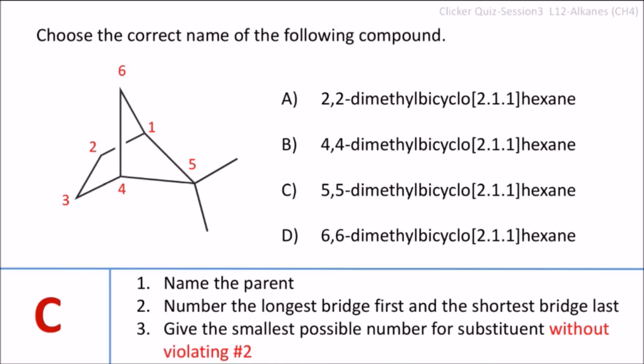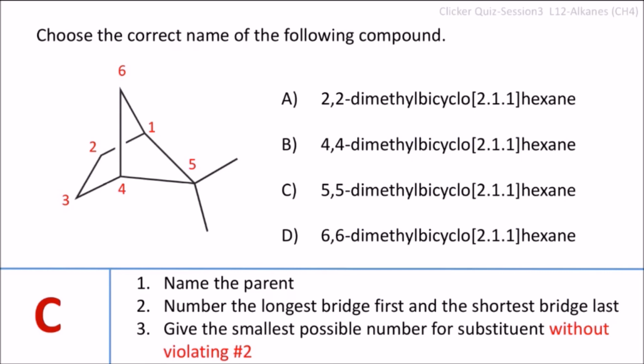So start the numbering from one bridgehead, go through the longest bridge, 1, 2, 3, 4, and now the second bridge and third bridge both have an equal number of carbons. That's one carbon in each bridge. Now we have to assign the lowest possible number to the substituent. That's step number 3, right?